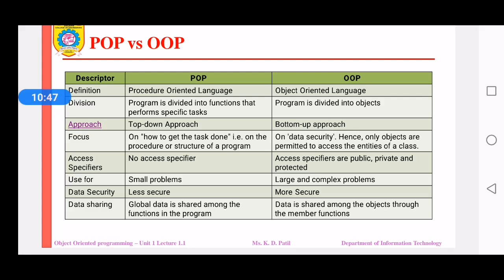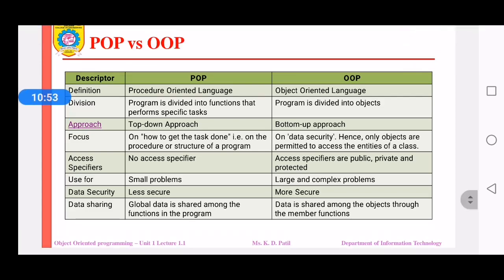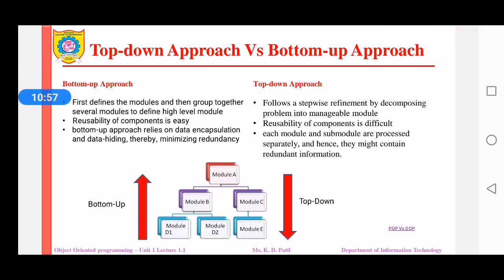Procedure-oriented programming follows the top-down approach and object-oriented programming follows the bottom-up approach. Let us see what the top-down approach and bottom-up approach are. In the top-down approach, as we can see in the figure, a module is divided into different modules. It is a stepwise refinement by decomposing the problem into manageable modules.